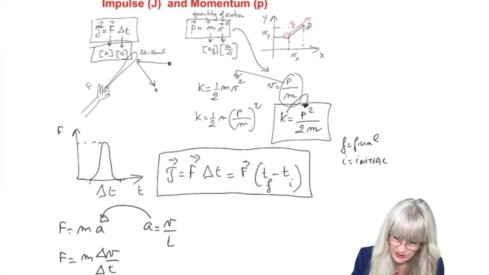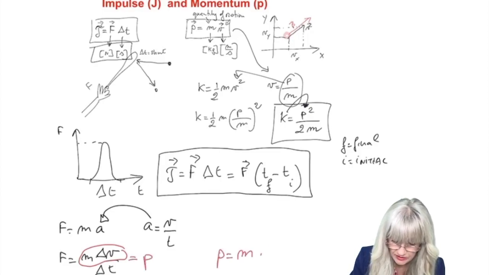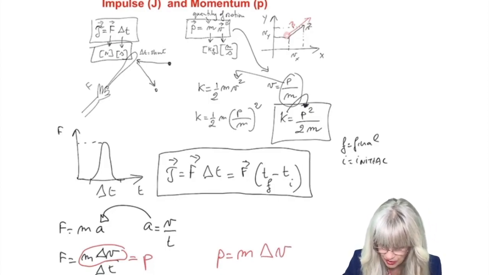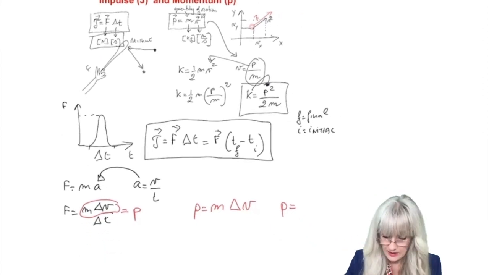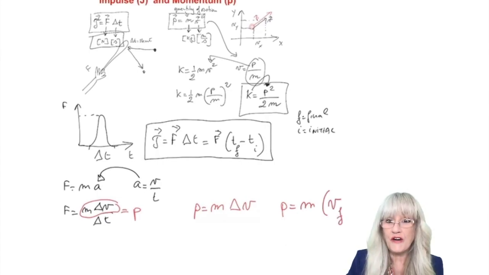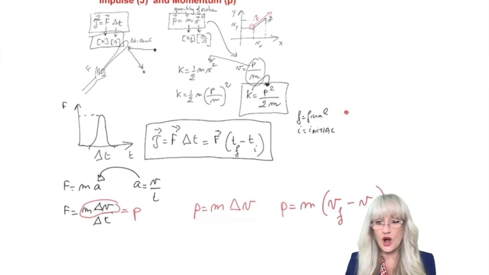So you see that right here in the numerator is m multiplied by delta v, which is indeed your momentum change. So your momentum now is m delta v. Why m delta v? Because I'm considering a case where the mass is multiplied by the final velocity minus the initial velocity of this object.